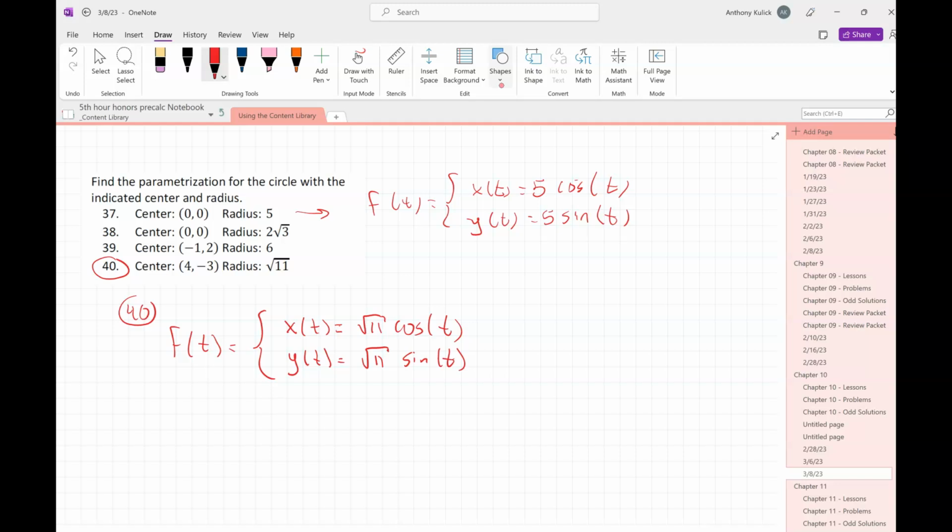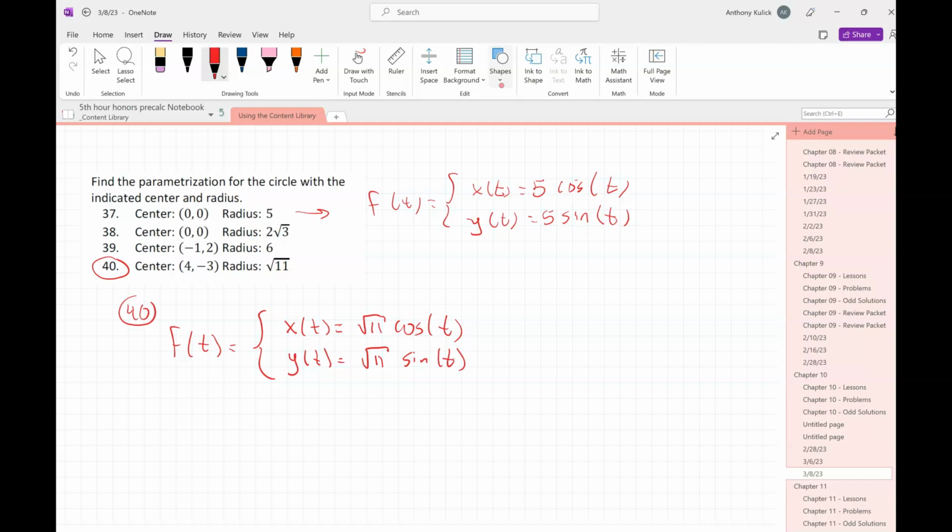Okay. And how do we transform the points to do a translation? If I want to move the point 0, 0 to the point a, b, how do we take all the points in our function and change it? What do we have to add to the x coordinate?